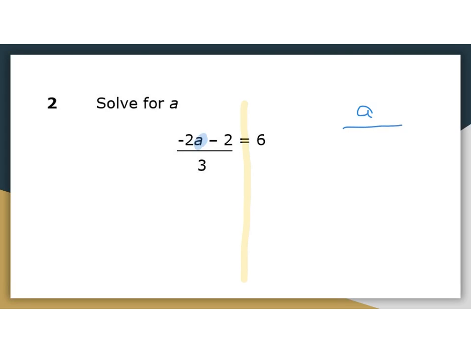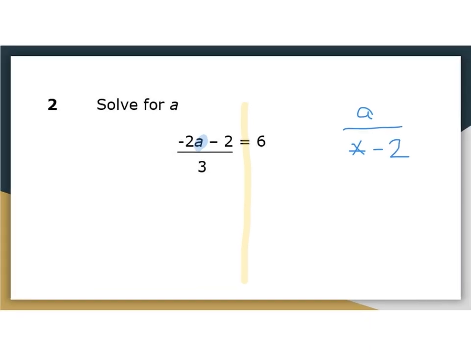In reading this equation, we are starting off with A being multiplied by a -2. So we're timesing by a -2. After the A is being multiplied by a -2, we are subtracting 2.